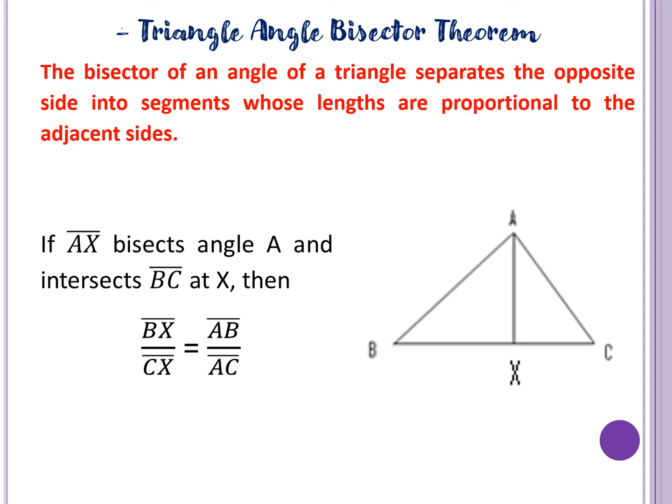Let's say that AX bisects angle A. If AX bisects angle A, it only means that angle BAX is congruent to angle CAX. So if AX bisects angle A and it intersects BC at point X, therefore we can say that the ratio of BX to CX is equal to the ratio of AB to AC.